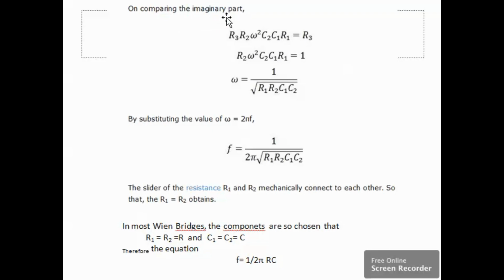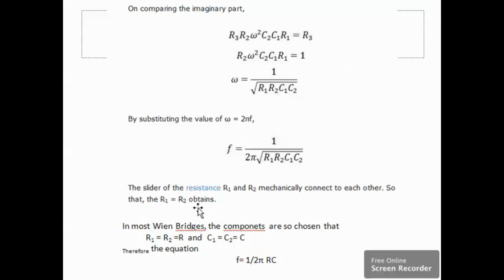On comparing the imaginary part, it is R3 R2 omega square C2 C1 R1 is equal to R3. So we can cancel both R3s, and the expression becomes like this. From this, omega is equal to 1 by root of R1 R2 C1 C2. By substituting the value of omega as 2 pi f, f is equal to 1 by 2 pi root of R1 R2 C1 C2.